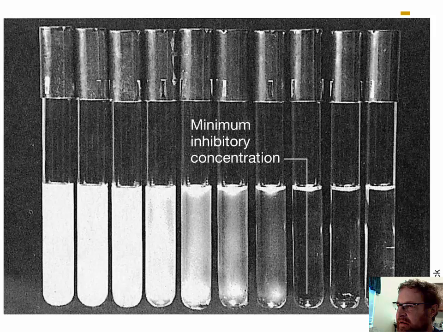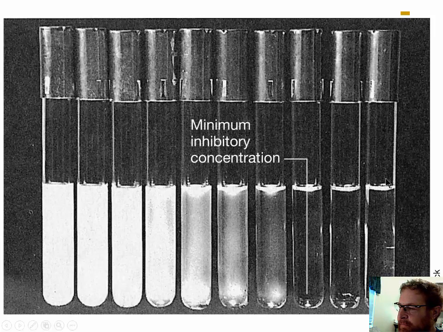A very common term that's used in microbiology is the minimum inhibitory concentration, or the MIC. And in this experiment, what they've done is they've taken the amount of antibiotic and decreased it in order in each of these tubes, and they're generally decreasing by half.